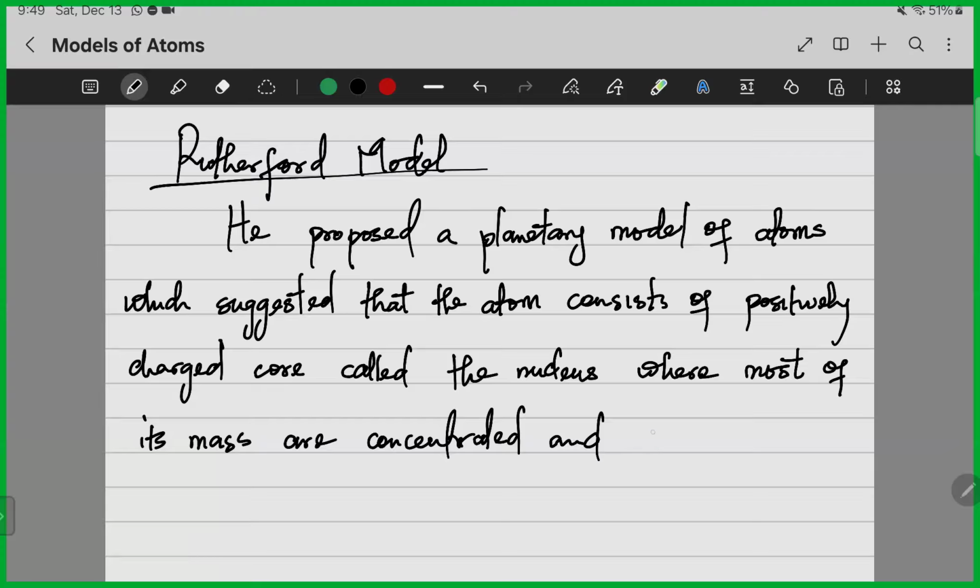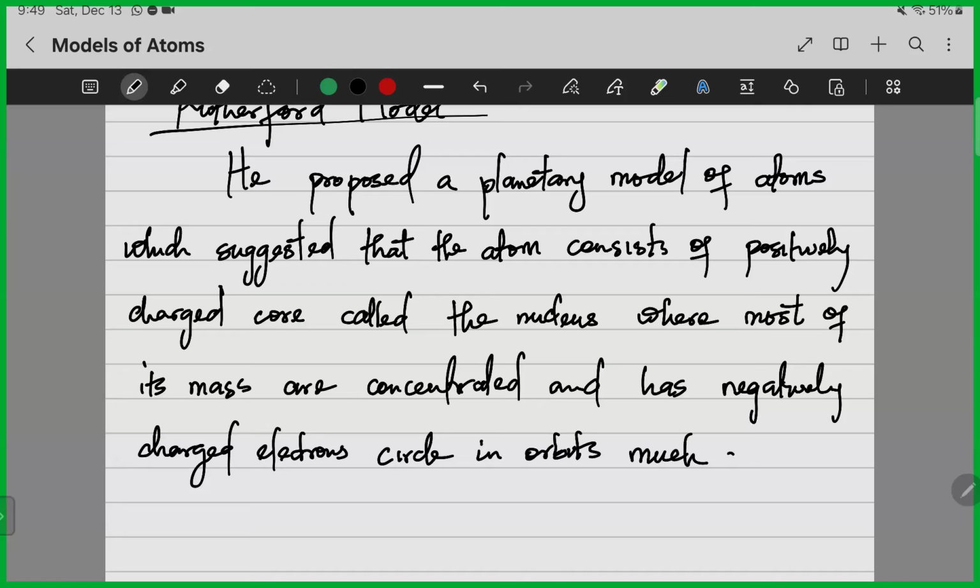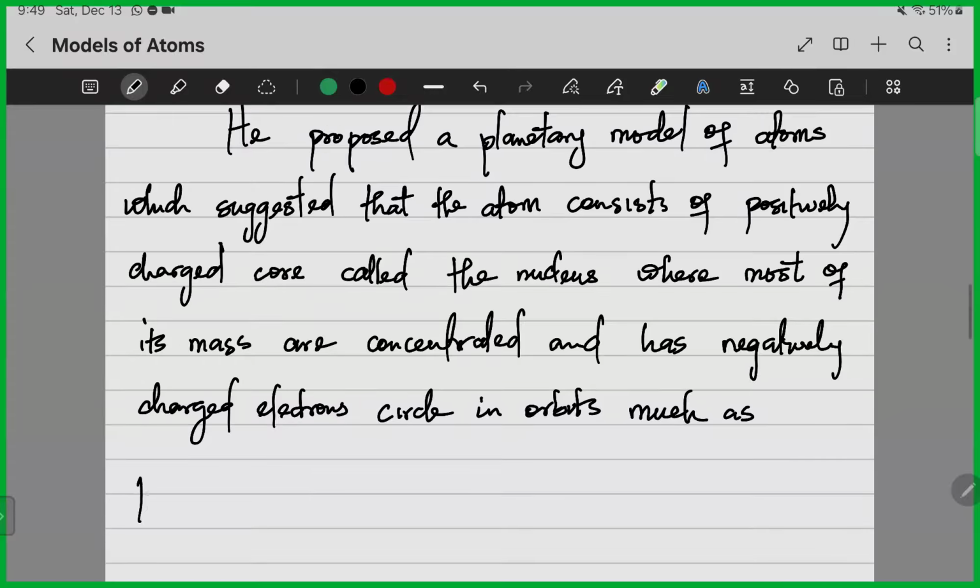And it has negatively charged electrons circling in orbit, much as planets move around the sun.